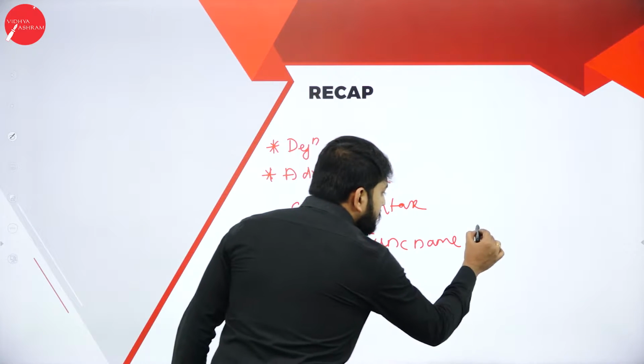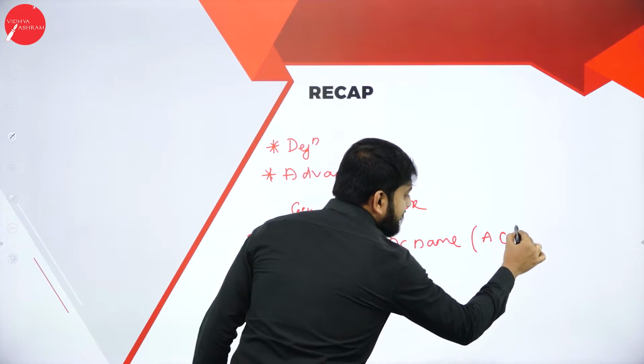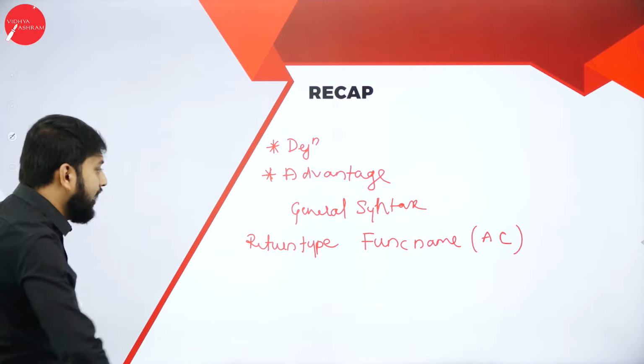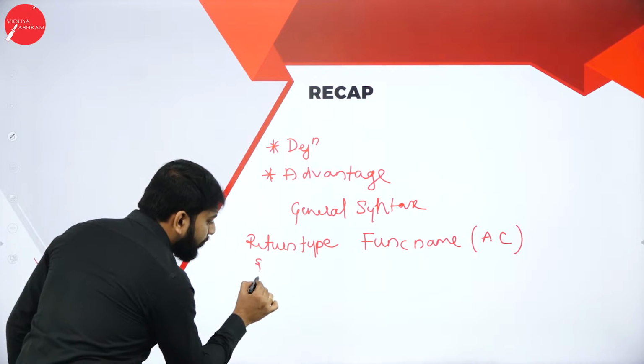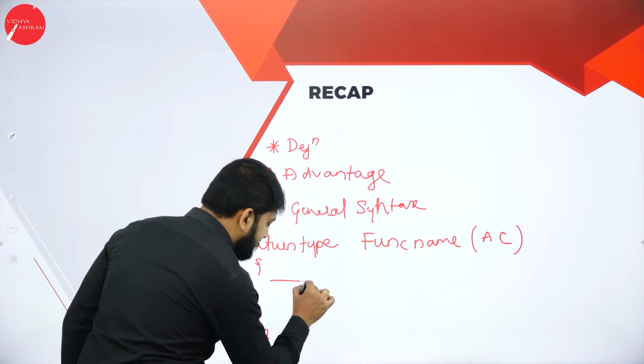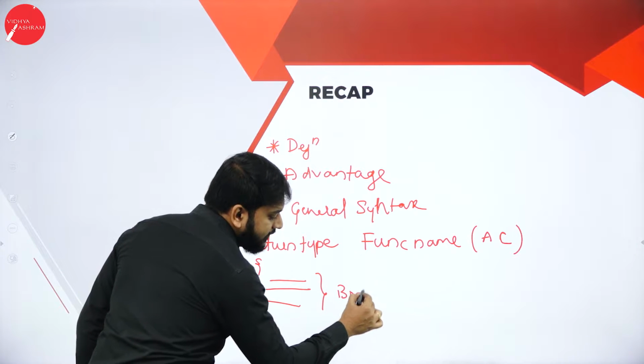After that, the third one is what I will call the argument list. Then the fourth one is the open flower bracket and close flower bracket. Inside this, whatever statements you have, I will call that the body of the function.